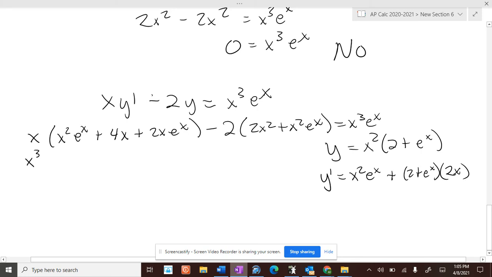The first times the first derivative of the second. Why did you keep the x squared? The first times the second times the first derivative of the first. Product rule. Oh. So I was thinking chain rule for some reason. My bad.